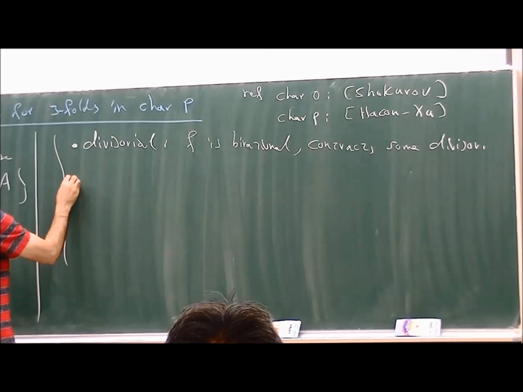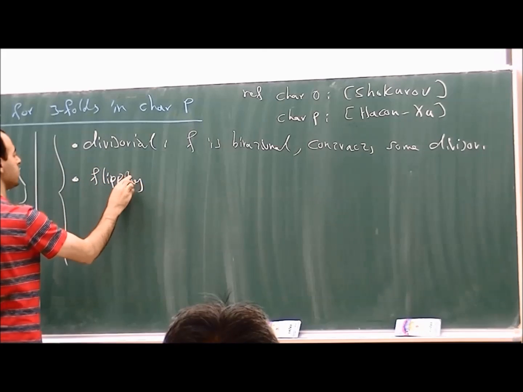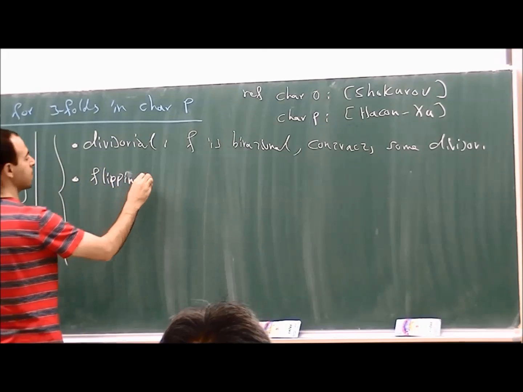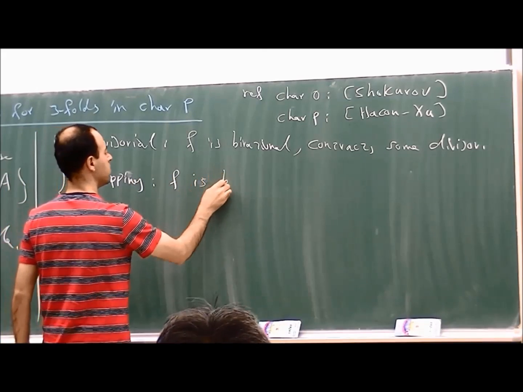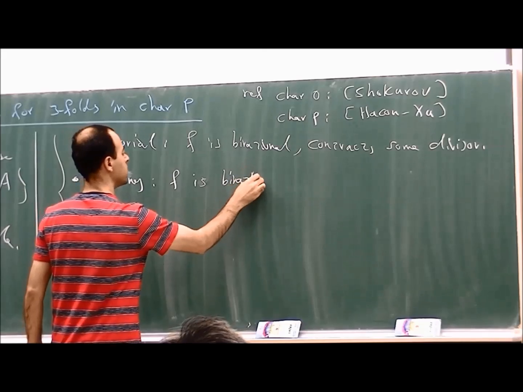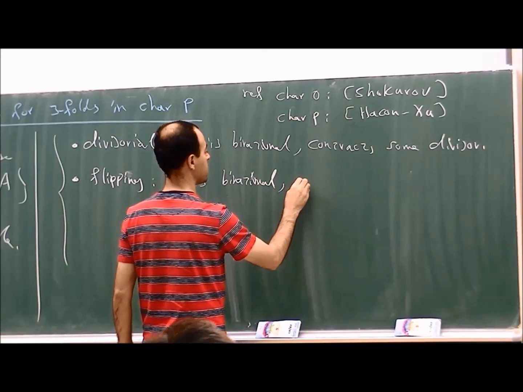And then there is the case of flipping. This is the most problematic case. Here f is again birational, but it does not contract any divisor.